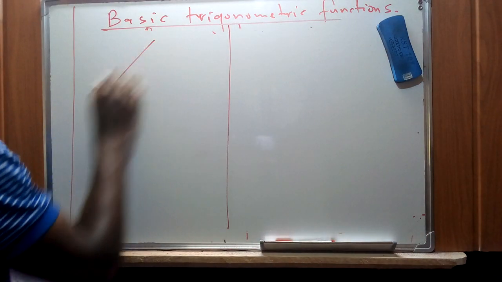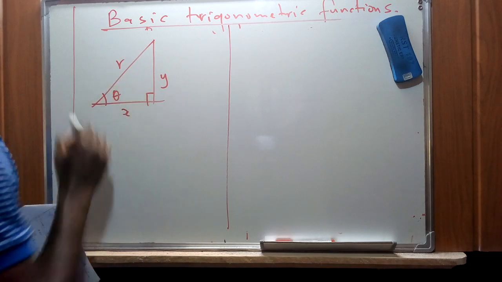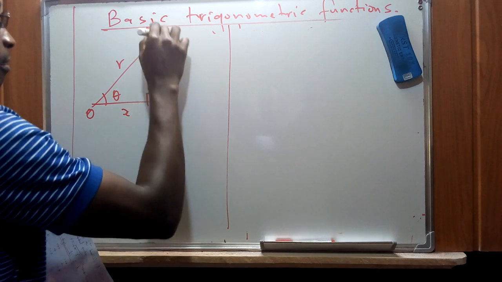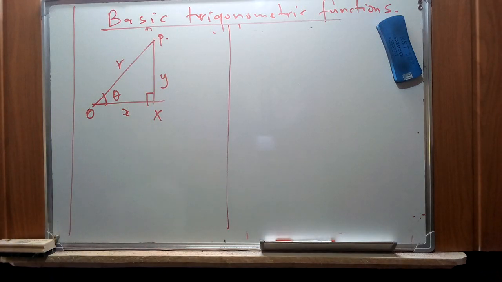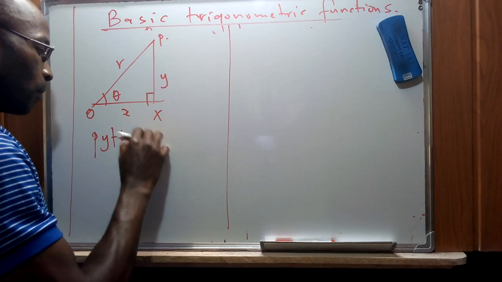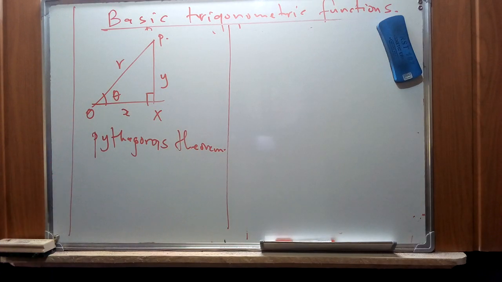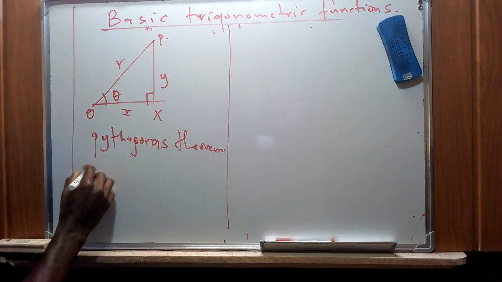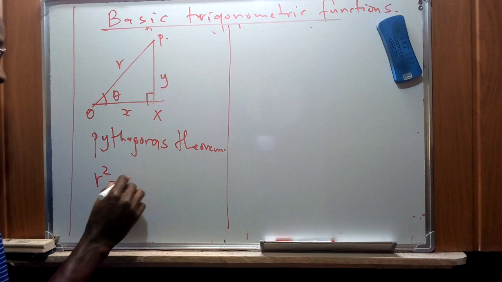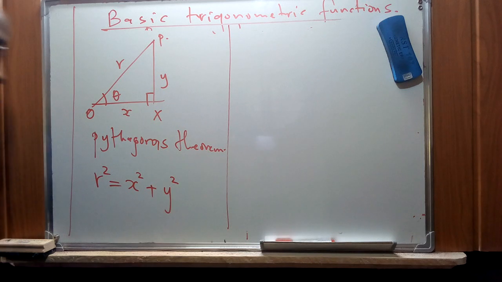So if I repeat our figure here, x, y, r, theta, O, x, p, from Pythagoras theorem, the three sides of a right triangle can be given a relationship whereby r squared, which is hypotenuse squared, is the same as adjacent squared plus opposite squared.